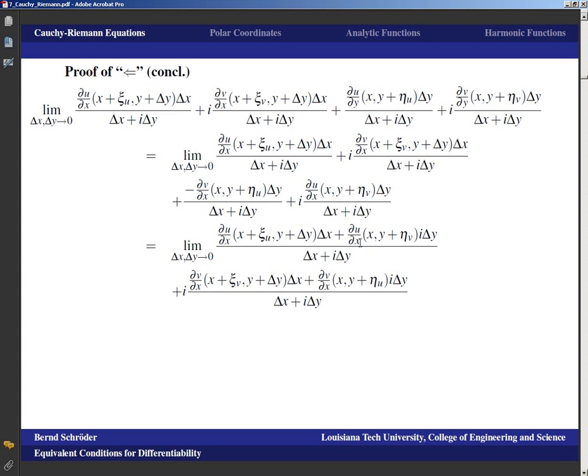These guys will just be approximately equal to the partial derivatives at x y, but that in turn turns out to be good enough so that we sort of can factor out the x plus i y and cancel it, so that this limit actually is du dx at x y plus i dv dx at x y.